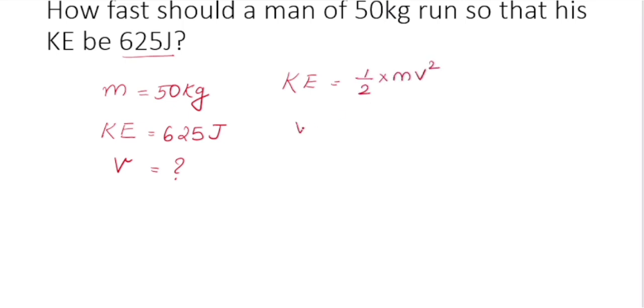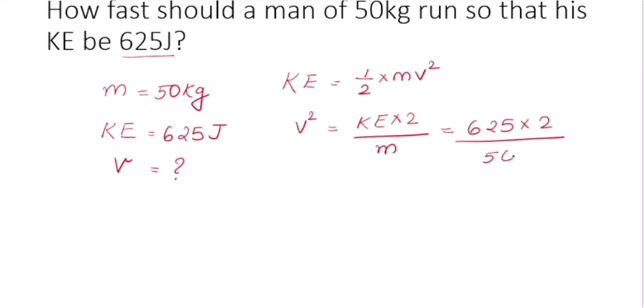If you find v square, it is KE into 2 upon m. KE is 625 already given into 2 upon mass, which is 50 kg. So if you cancel out, 25 times 625... So v square we got 25. Therefore v is the square root of 25, what is it? 5 meter per second.